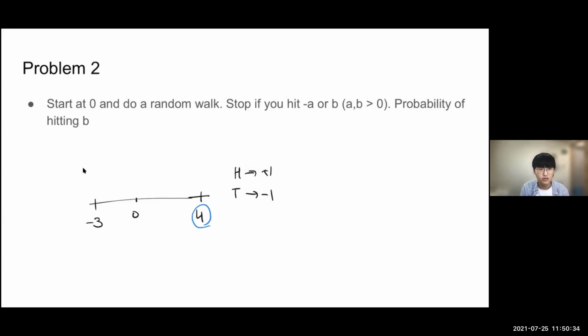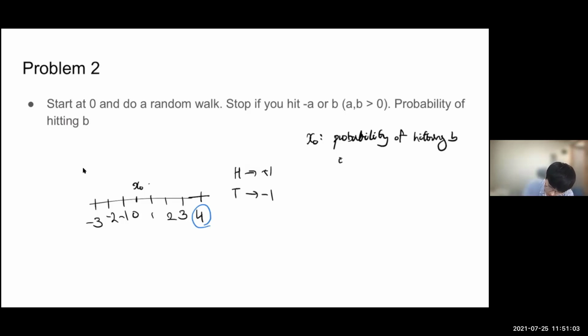In order to solve this question, we could also do brute force. By this I mean, you introduce some variables. Let's say this is x0. So x0 will be the probability of hitting b if you've started at 0, and x1 will be the same thing, but if you start at 1, and so on.